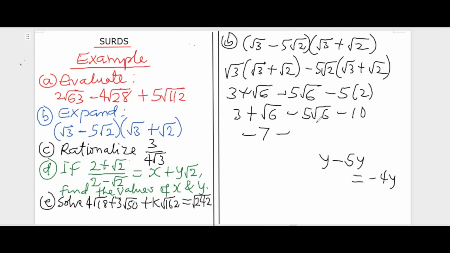So this one will be negative 4 root 6. Since minus 7 and minus 4 root 6 are not like terms, we stop there. We cannot simplify any further. And that is the B part. We quickly go to the C.